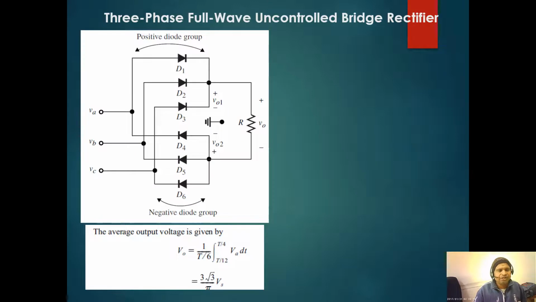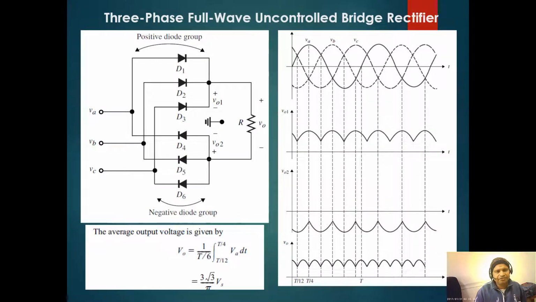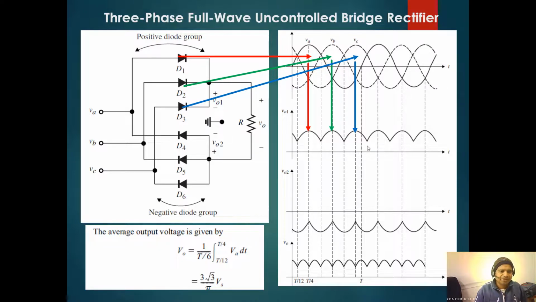If you see here, D1 conducts during this period, so this positive half appears here, that is VO1. Then D2 conducts here during this period and gives this peak of the voltage. During this period D3 conducts, because D3 has higher potential compared to the others, and we get this peak.